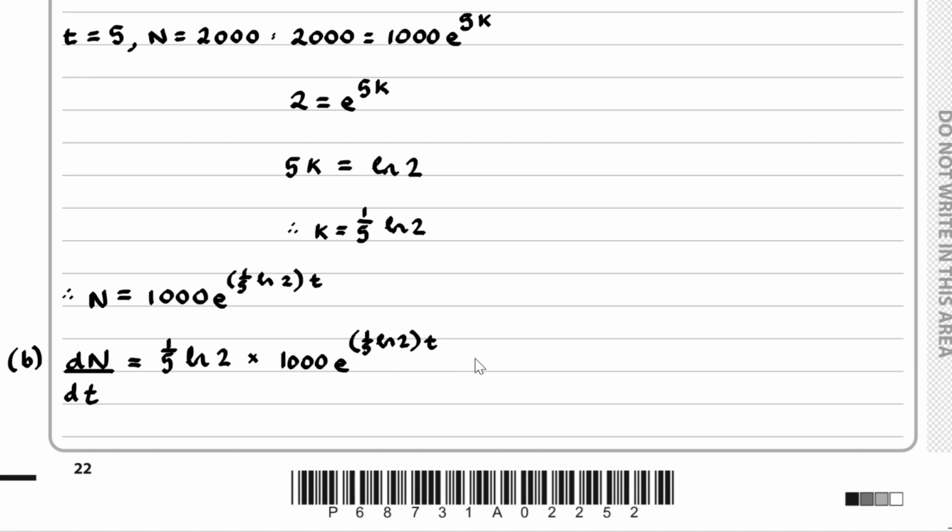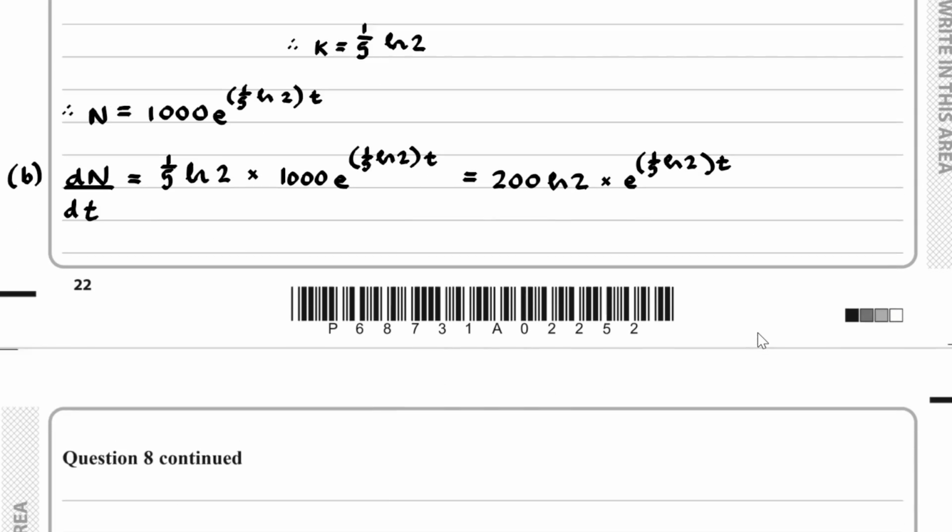And if we attempt to tidy this up, a fifth times 1000 is 200. So we've got 200 times the natural log of 2 multiplied by e to the power of 1/5 times the natural log of 2 times t.